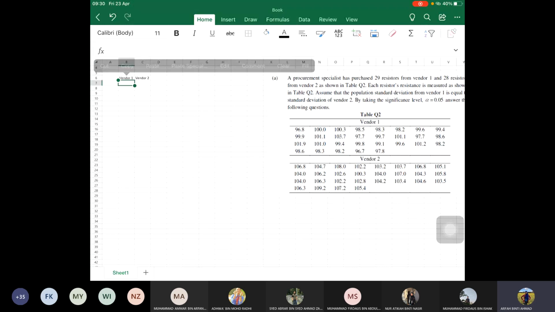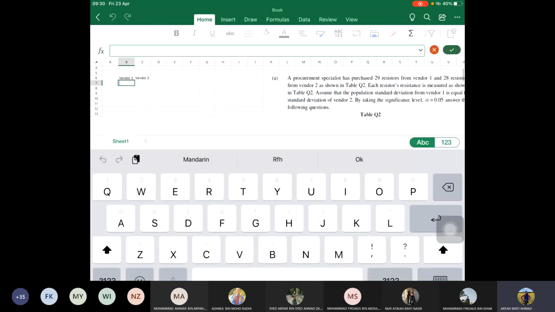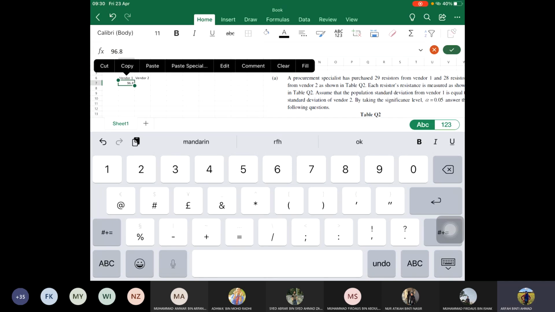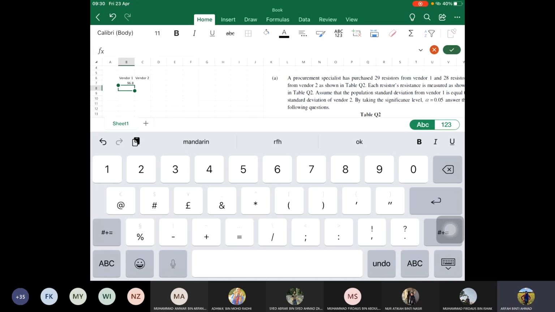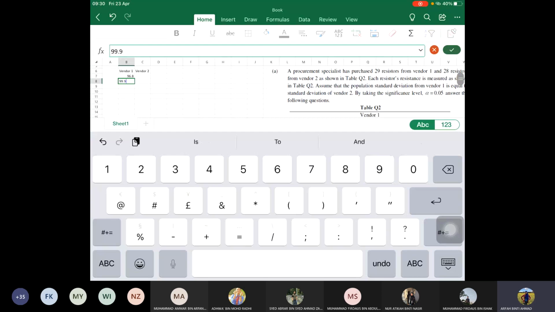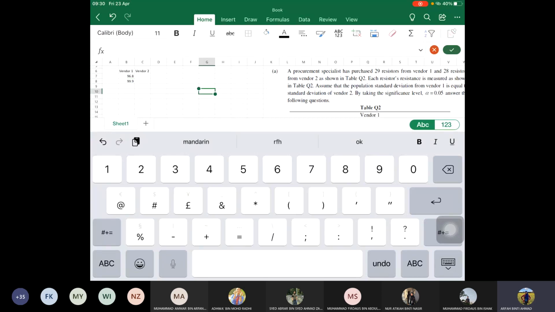Aduh ni yang leceh ni. 96.8. And then the next data is 99.9 and so on. Kau buat lah.